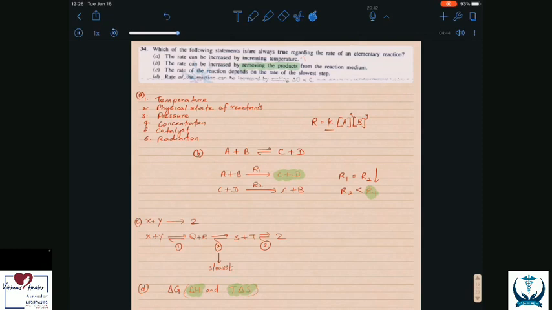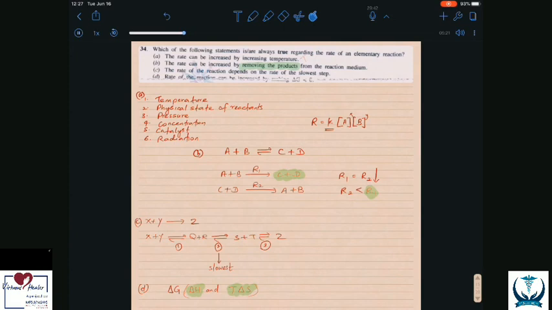If they are producing a mask and someone is keeping the two materials together and someone is stitching the materials together and then someone is putting the strings for the ears, one after the other, then if one person is very slow at their job, that means the overall rate of the production of the masks will be determined by that slow person. That is how the elementary reaction also determines the rate of a series of elementary reactions.